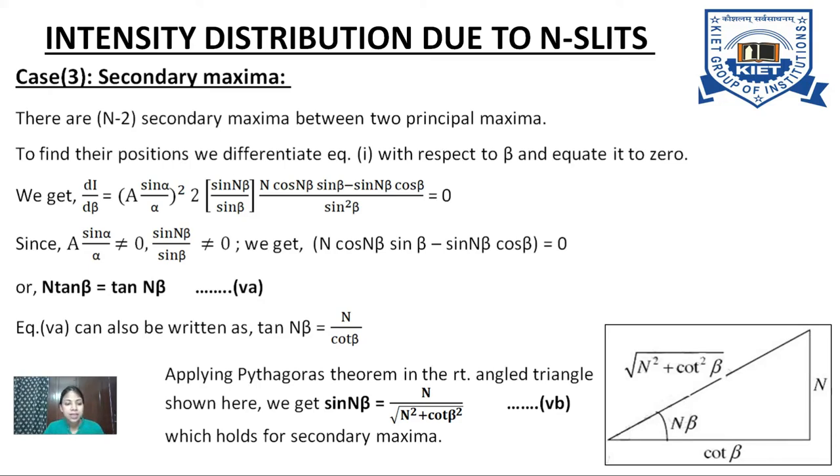If we draw a right angle triangle wherein we have kept the sides to be N and cot β, our hypotenuse becomes √(N² + cot² β). So using this right angle triangle, we apply Pythagoras theorem and we get sin Nβ is equal to N/√(N² + cot² β). And this is the condition that holds for secondary maxima.